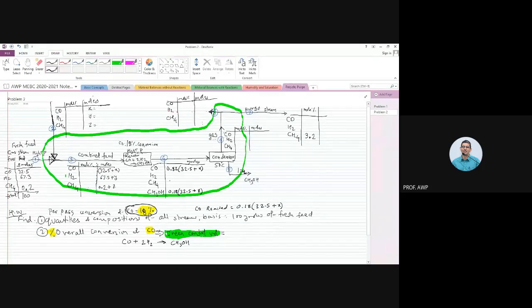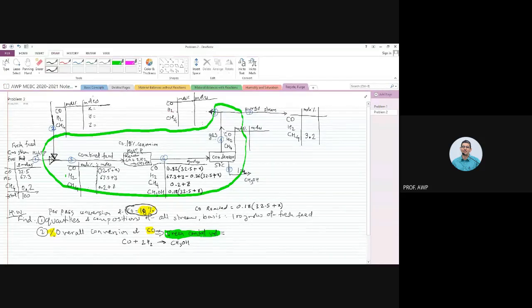Hydrogen reacted will be twice the amount of CO. So how much hydrogen will come in stream number 4? 67.3 plus Y minus 0.36 multiplied by 32.5 plus X. CH4 will be the same, 0.2 plus Z. Okay, everybody okay so far?